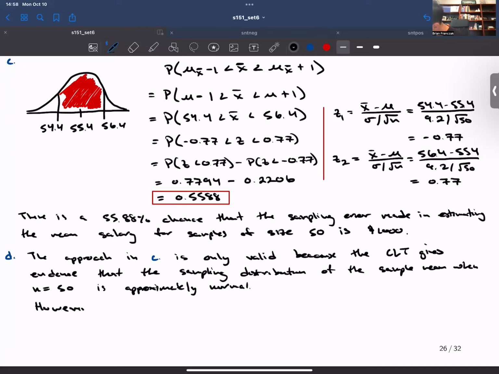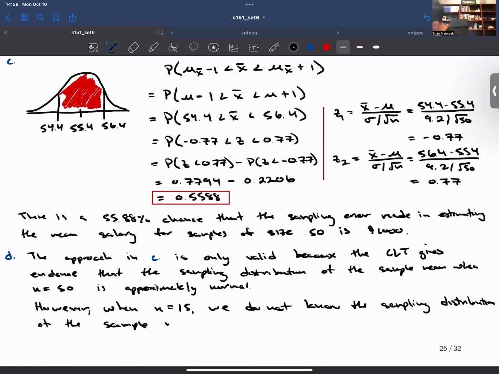However, when n equals 15, we do not know the sampling distribution of the sample mean.